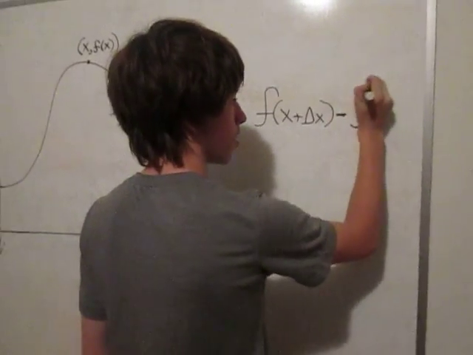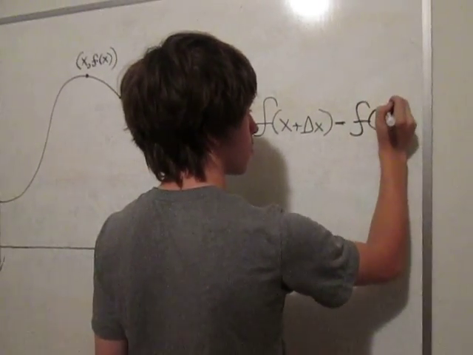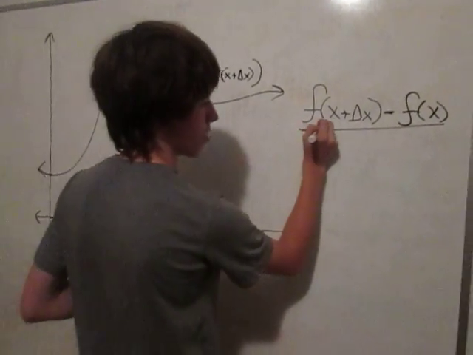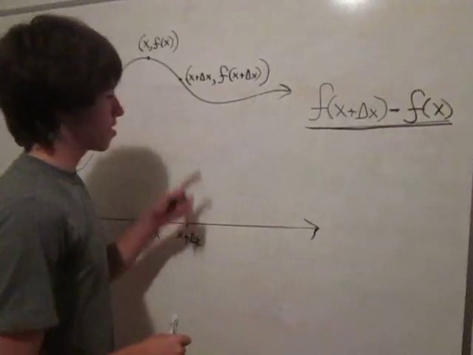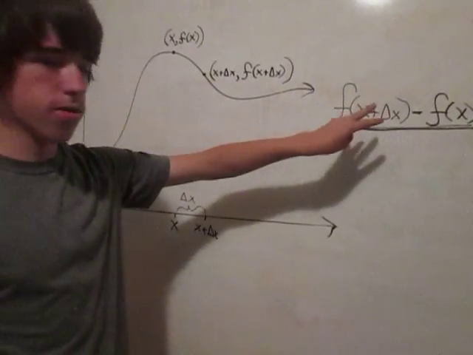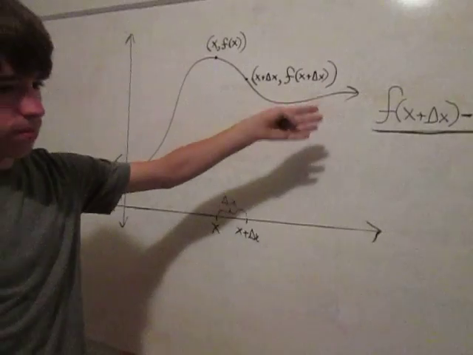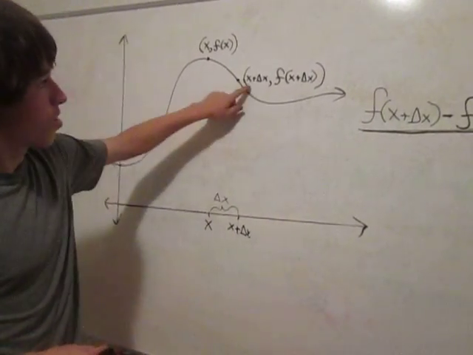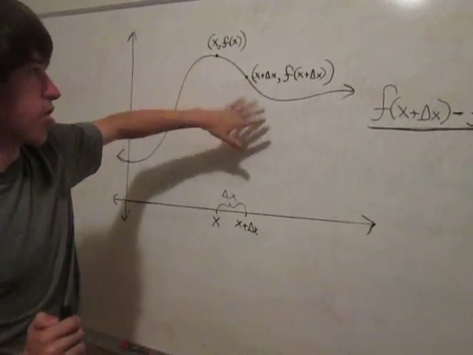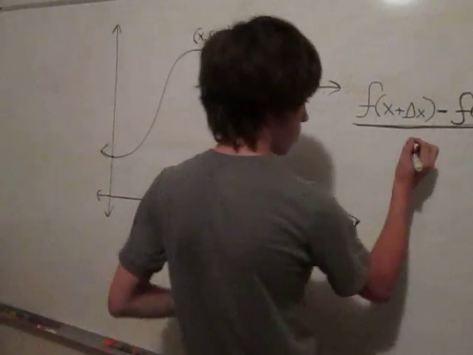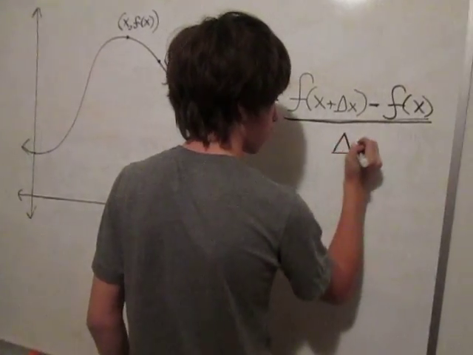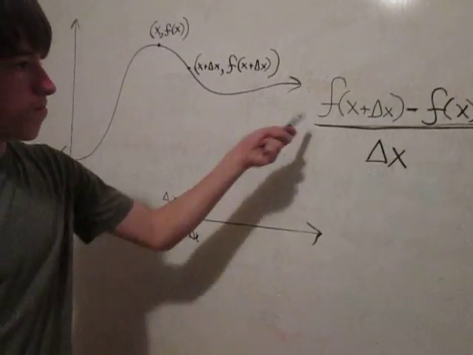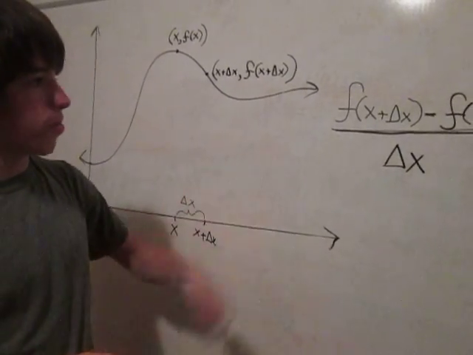Subtract f of x, and then divide by the x points, the delta in x points in the same order. Or you could use absolute value signs, but then we couldn't get negative slopes. It wouldn't be accurate. So x plus delta x minus x, we can just take x out, so that's over delta x, right? Alright, that's our slope.